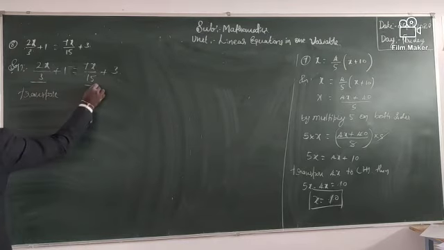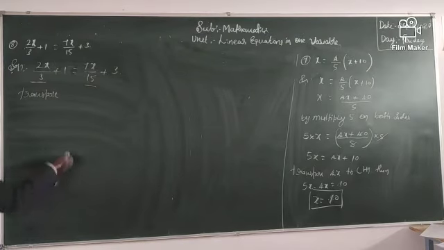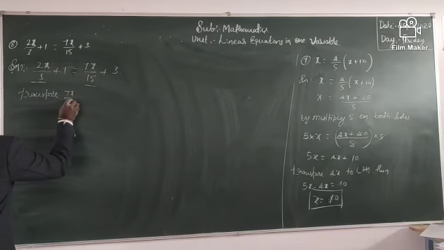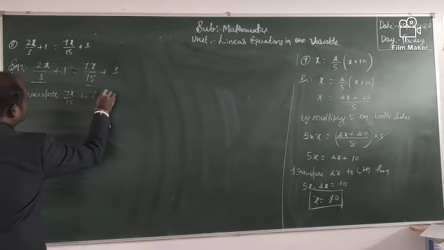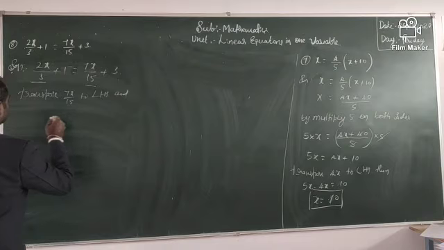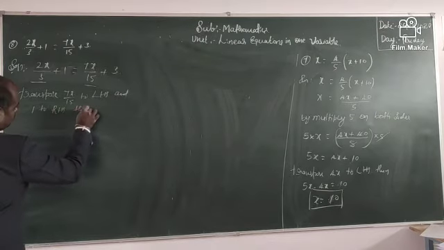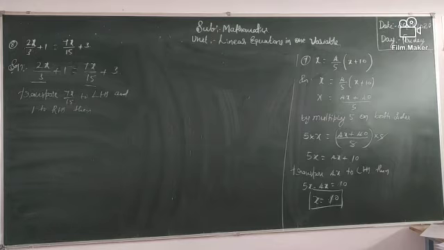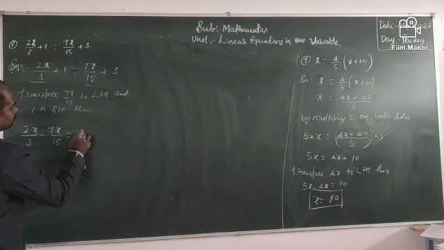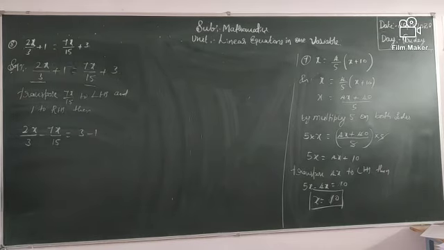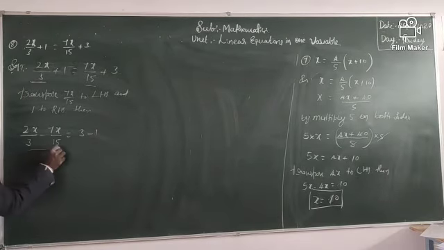This is a variable, this is a variable. Transpose 7x/50 to LHS and 1 to RHS. Then the equation becomes 2x/3 minus 7x/50 equal to 3 minus 1. Okay, see here.